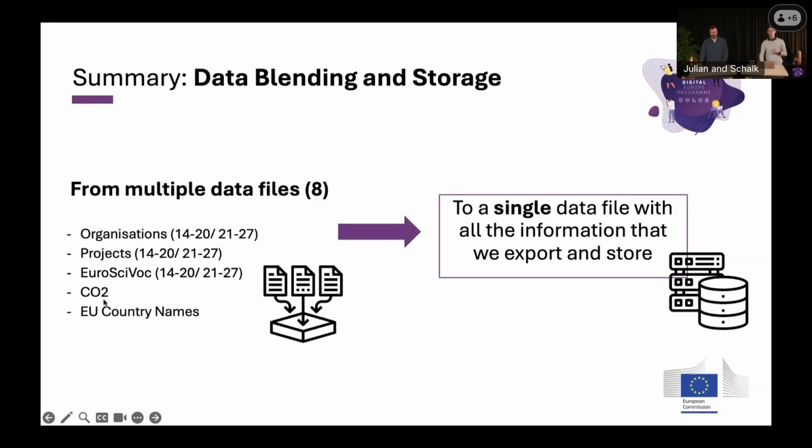We also have information on the CO2 emissions for countries, and the CO2 country names, for which we had to do some standardization. In the data blending part, we blended all these data files and sources together, and we showed that you can upload them to a database. We can later on access it again.